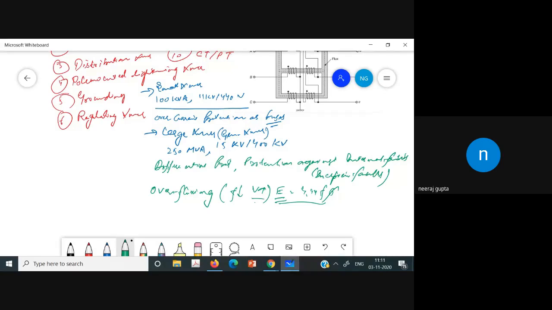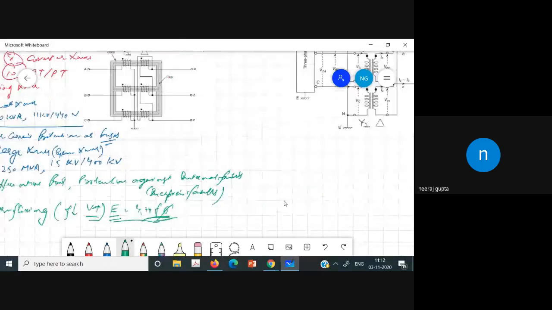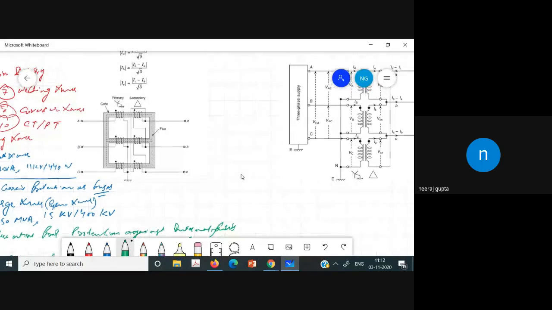With an increase in the voltage, we will have overfluxing. However, if the frequency is decreased, the same effect can be seen. So in that case, elaborate protection is required. Now, we will discuss the phasor diagram of the three-phase transformer.